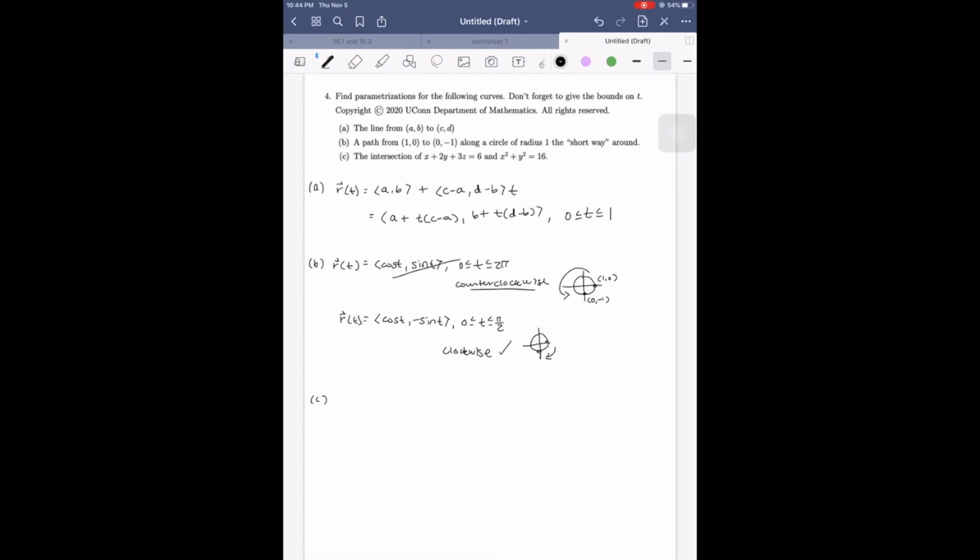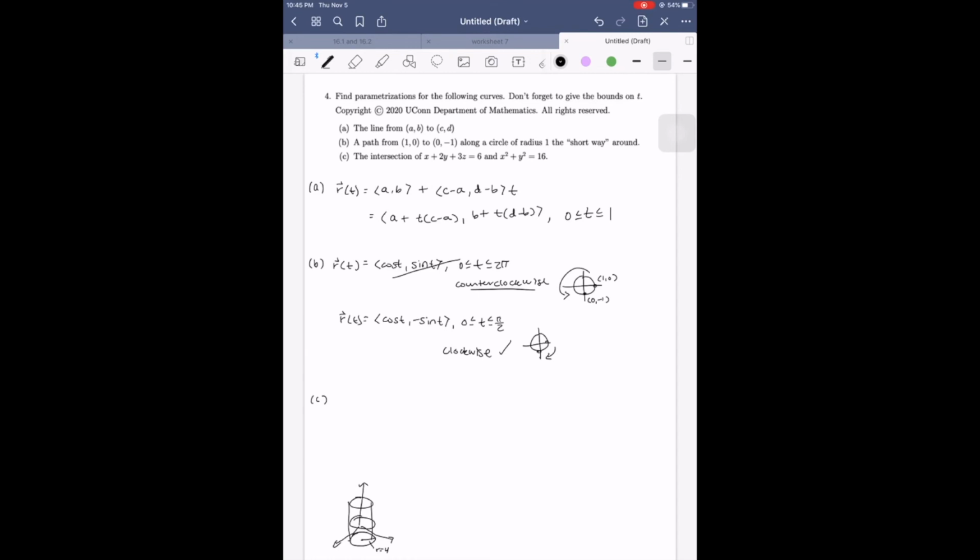C asks us for the intersection of x plus 2y plus 3z equals 6 and x squared plus y squared equals 16. If we want to look at it graphically, we know that there's a radius of 4, and it goes up like this.